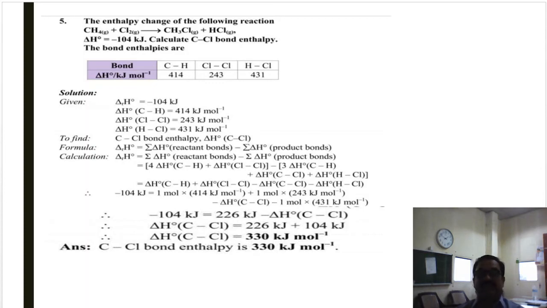We have to calculate the carbon-chlorine bond enthalpy. The given bond enthalpies are: carbon hydrogen bond enthalpy is equal to 414 kilojoules per mole, chlorine-chlorine bond enthalpy 243, hydrogen-chlorine bond enthalpy is equal to 431 kilojoules per mole.